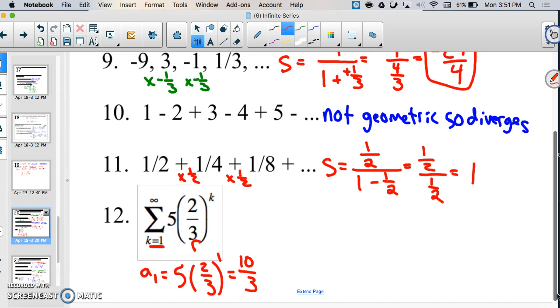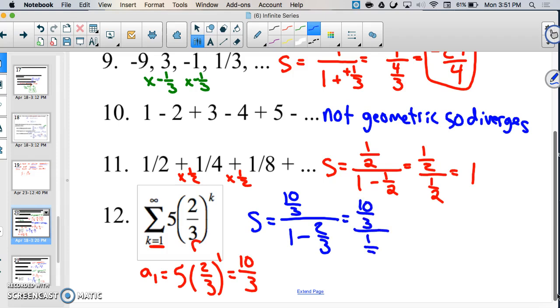So when I do my sum, it's going to equal 10 over 3, my a1, divided by 1 minus my r, so 1 minus 2/3. 10 over 3 divided by 1 over 3 is going to go to 10. So my series is going to converge to 10.